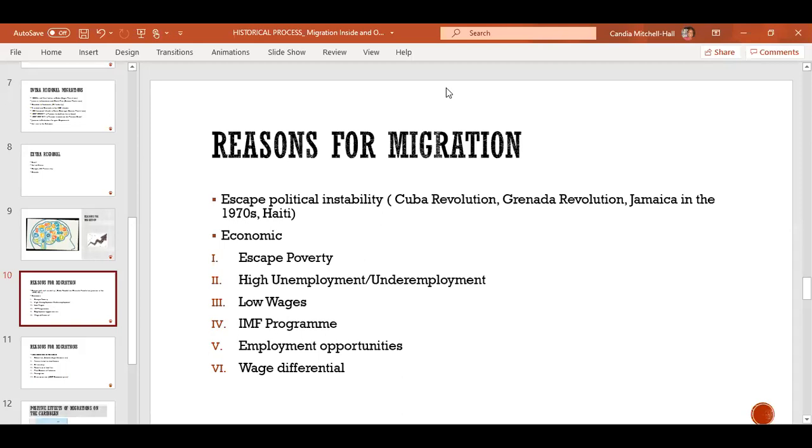They left Jamaica when Jamaica was basically politically unstable during that period. There was quite a lot of political violence in Jamaica during the 70s and 80s.